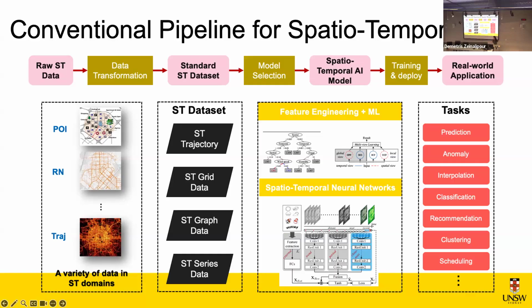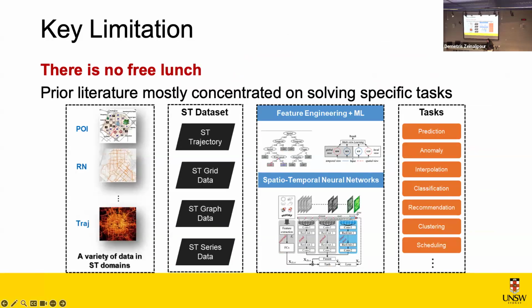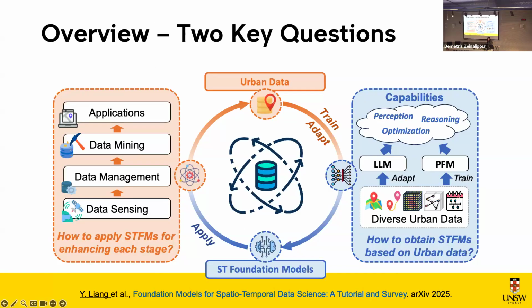You have different tasks, one model for one task, but can we do multiple? So in this survey, we have two questions: how do we apply a spatial temporal foundation model for each stage in spatial temporal data mining, or how do we obtain a spatial temporal foundation model based on the data?